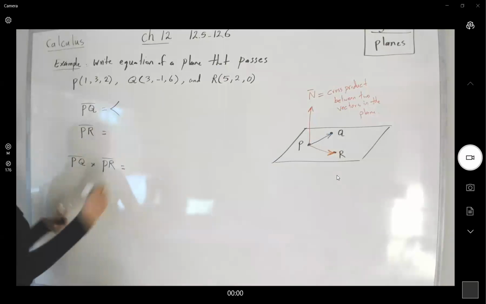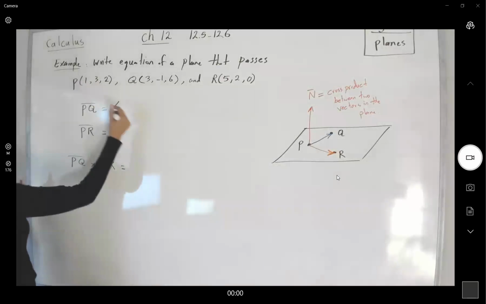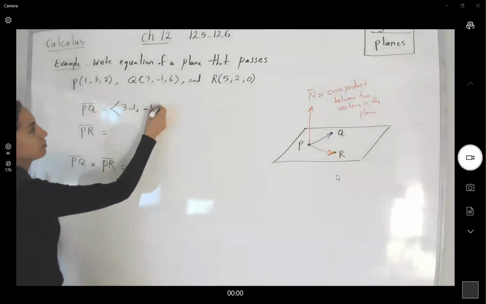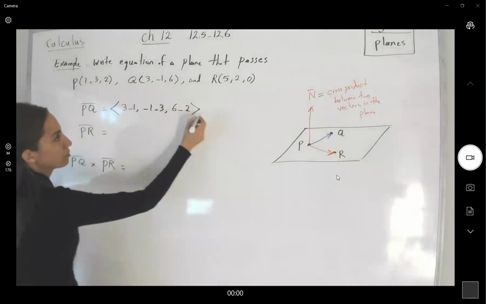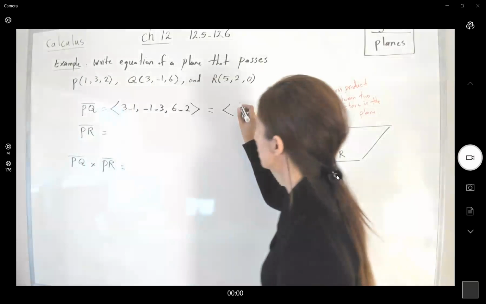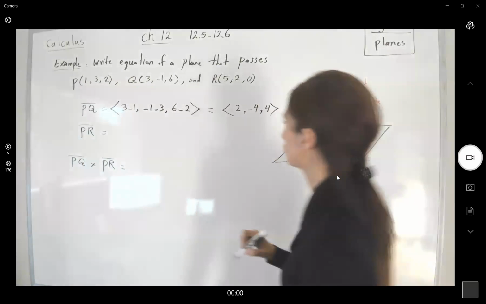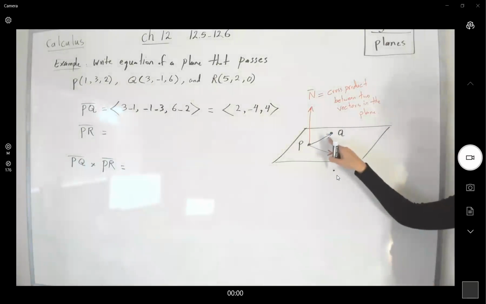So we are constructing a vector. 3 minus 1, comma negative 1 minus 3, comma 6 minus 2. So our first vector is 2, negative 4, and 4. PQ, the very first vector in the plane.